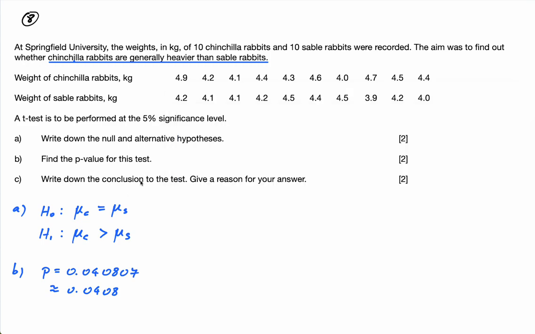Then it says write down the conclusion to the test and give a reason for your answer. So what does this mean? Well, it's a 5% significance level, so as 0.0408 is less than 0.05, this is a small p-value, so we reject the null hypothesis.